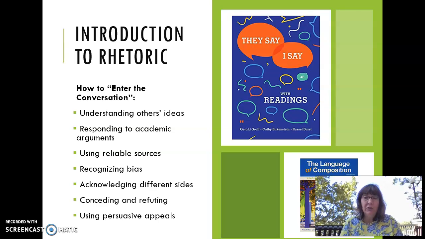In addition, you'll learn how to rely on reliable sources, how to recognize bias, some of the skills that you'll need to acknowledge different sides by conceding good ideas, things that you accept, and refuting others that you want to oppose.